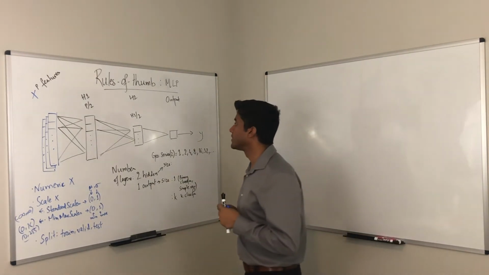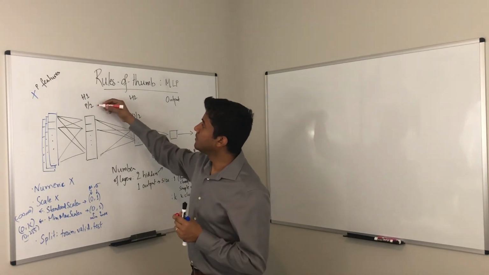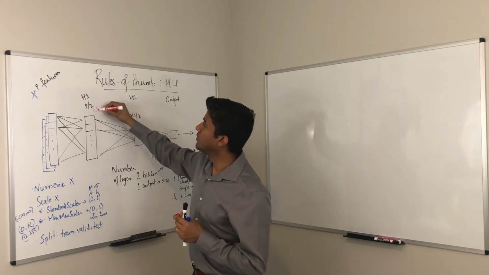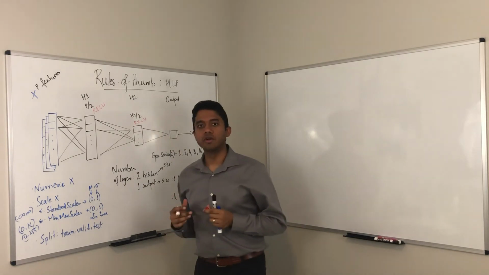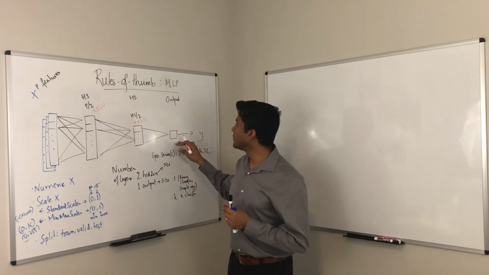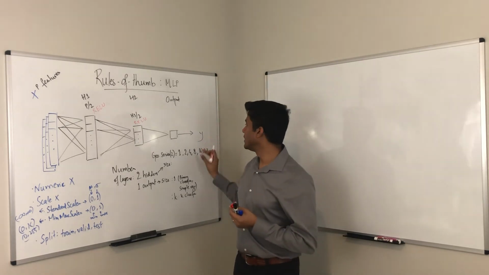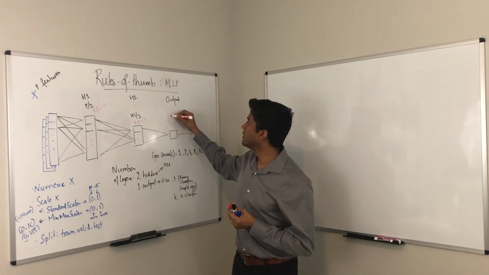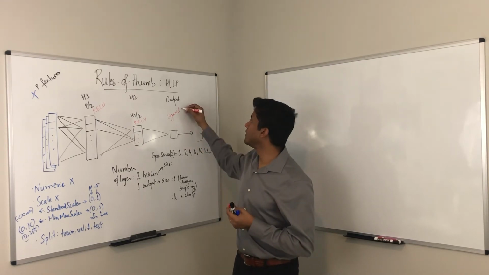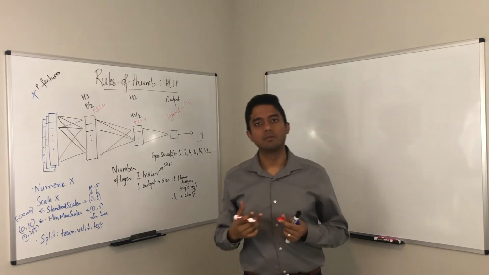Next comes the activation. As a rule of thumb, use the activation ReLU on all of your hidden layers, and on the output layer, the activation depends on your response again. If you are building a classifier, you want to use a sigmoid activation. Sigmoid has an output in 0 to 1, which is what you want in a classifier model.